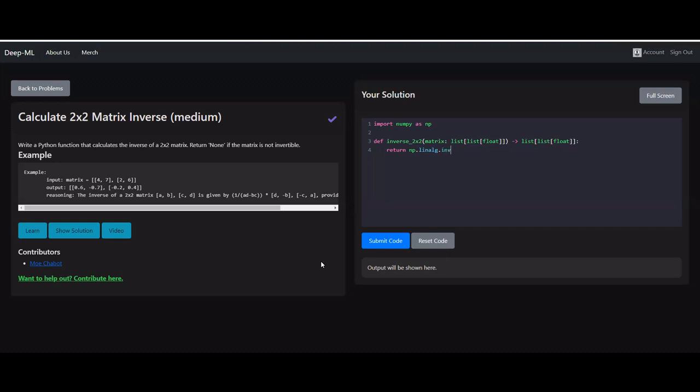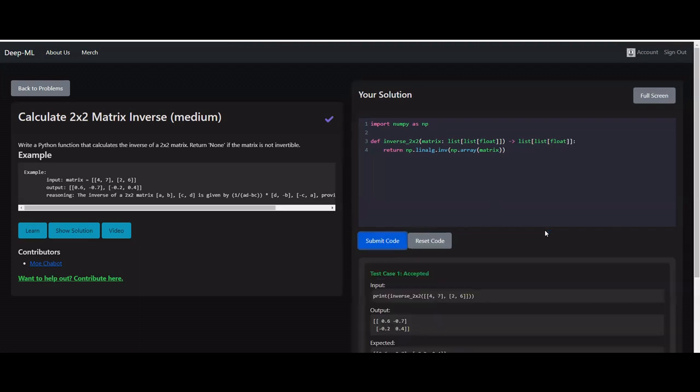There's a function called inv, and this has to receive as an input a NumPy array. What we have as an input is a list of lists, so we have to cast that into a NumPy array. We do that by calling np.array(matrix). And with that, we're going to do the exact same thing, just faster.